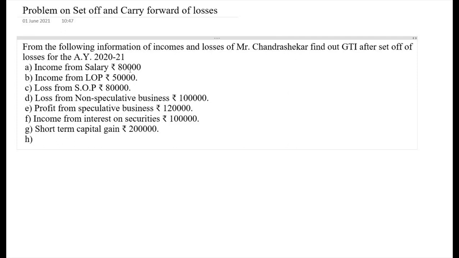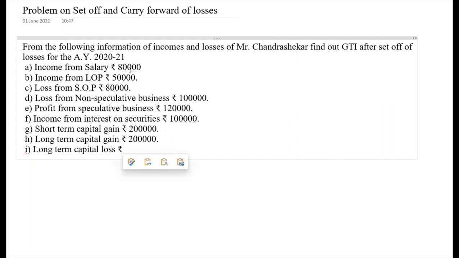Long-term capital gain, rupees 2 lakhs. Long-term capital loss, rupees 50,000.